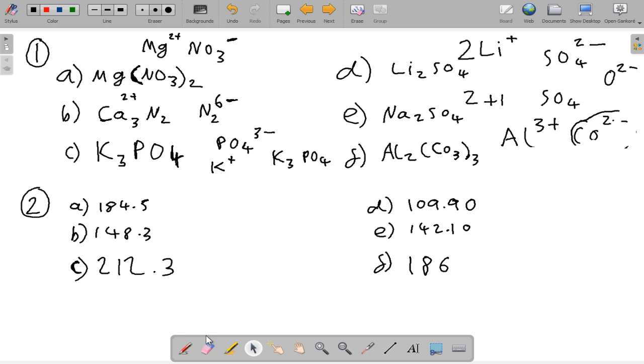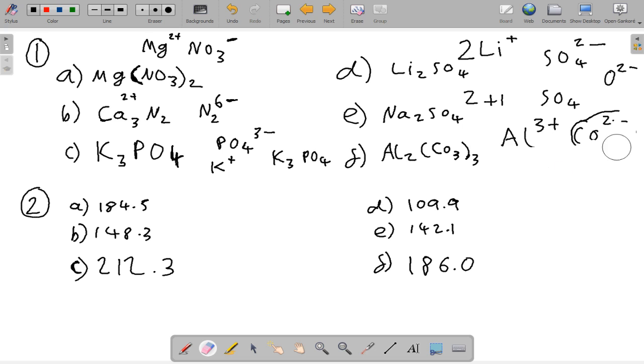Zero is just there for significant figures, so if your calculator comes up with that, then well done. I've just put the 0 there because I like having the 0 there. And finally, for aluminium carbonate, you get exactly 186.